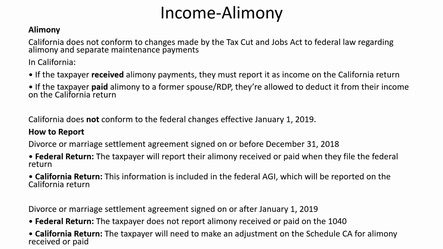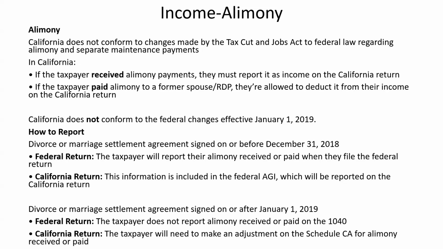Now, on your federal return, it's a different story. On your federal return, it depends on when that divorce occurred. Let's say the divorce occurred back in 2017 or 2016. On your federal return, you're going to have to report alimony as a taxable event, and you can take a deduction for alimony paid.